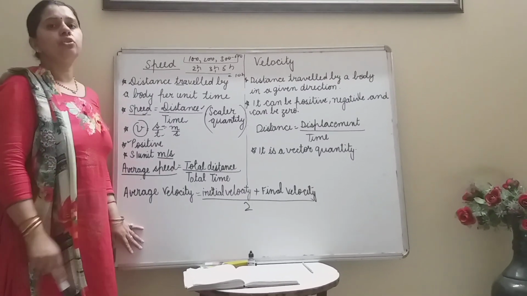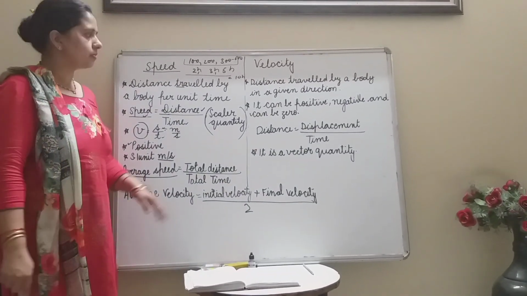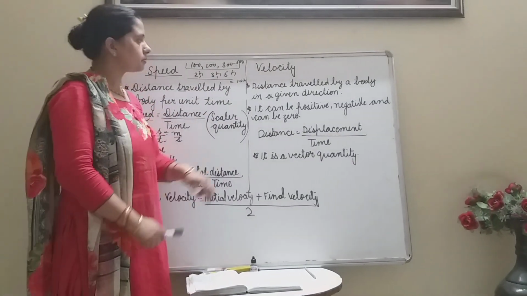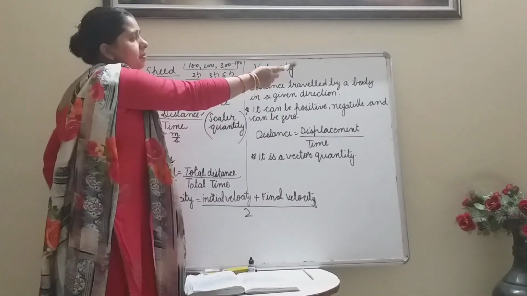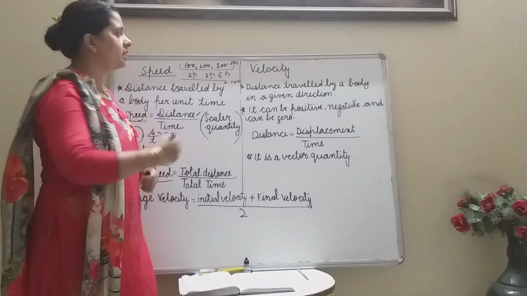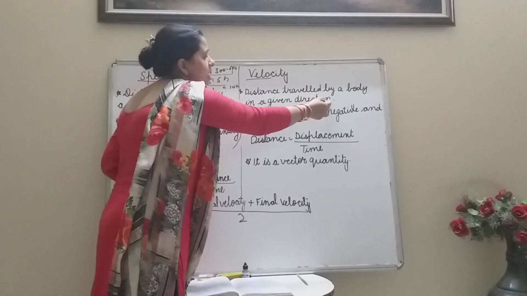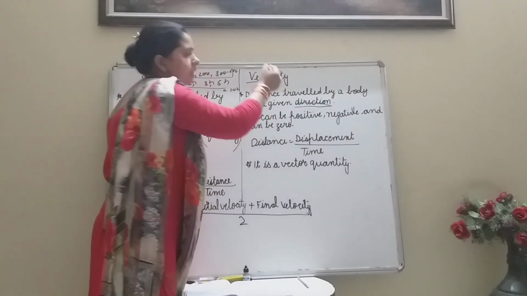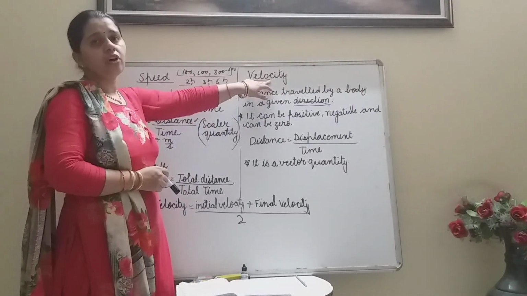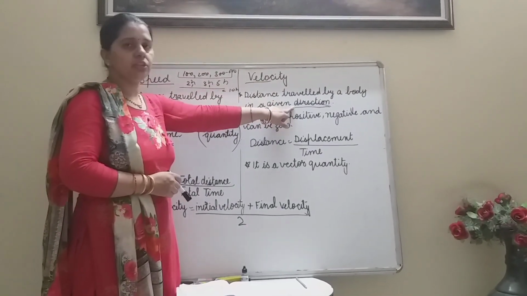But you should know what velocity is. So I have written here what is velocity. Velocity is the distance travelled by a body in a given direction. It means in velocity, direction must be there.